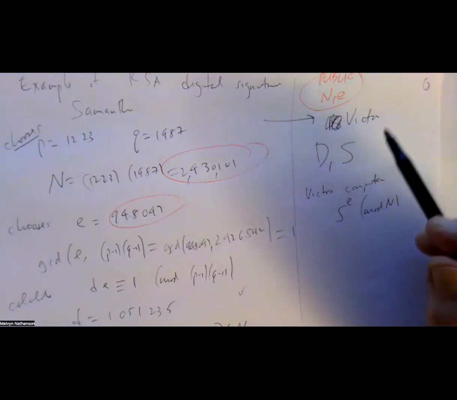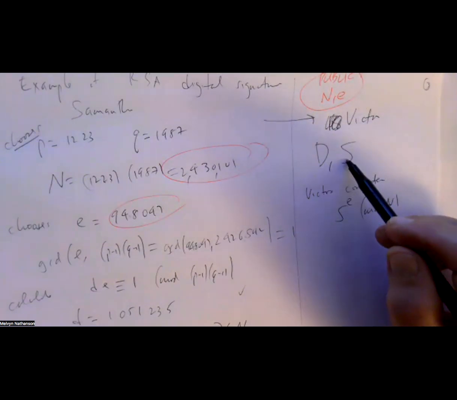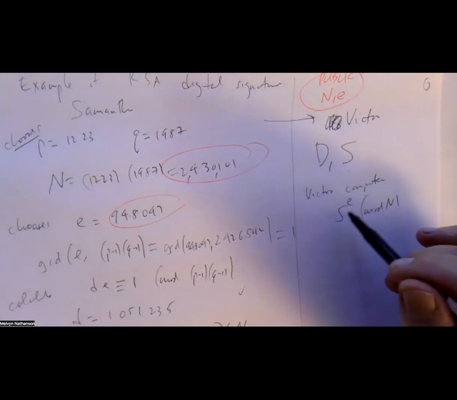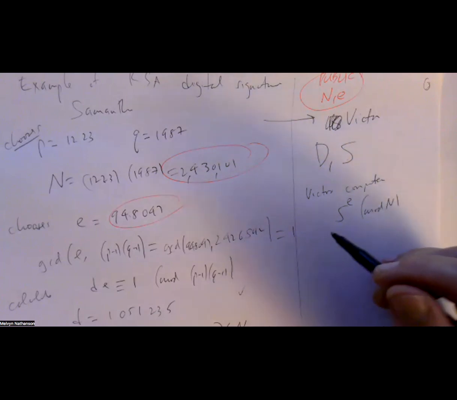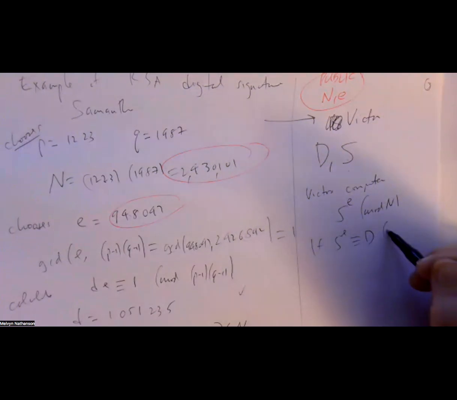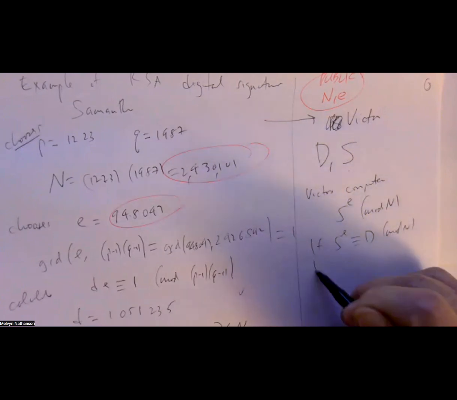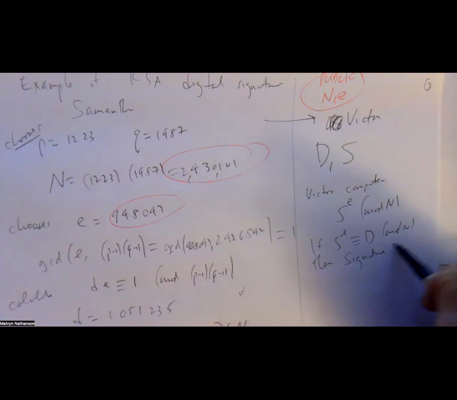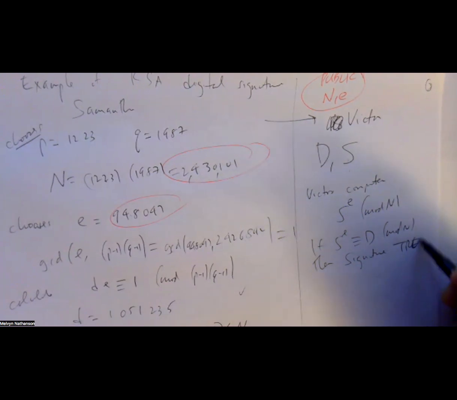Everyone knows N and E. Victor gets D and S. He wants to know that the message really came from Samantha. So he takes S to the E mod N. And if S to the E is congruent to D mod N, then the signature is truly true. The signature really came from Samantha.